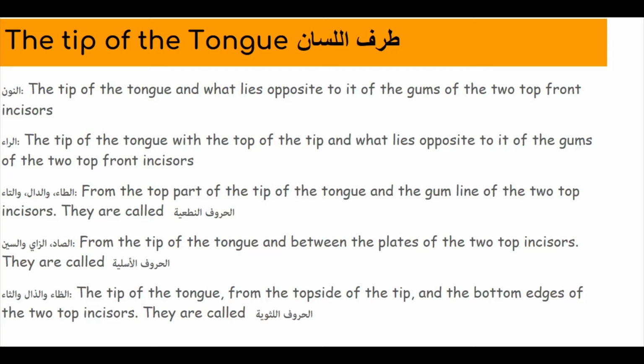The next 3 letters that are regarded as huruf an-nat'iyya are ta, dal, and ta. They are also pronounced from the top part of the tip of the tongue and the gum line of the two top incisors.